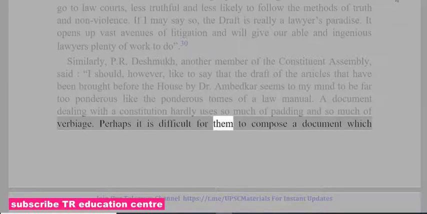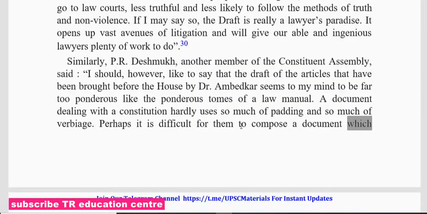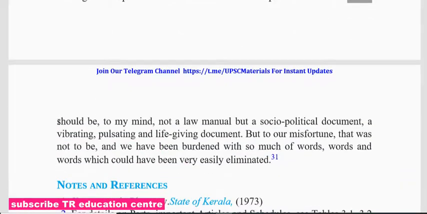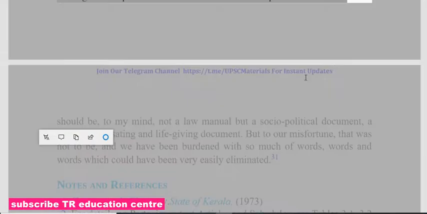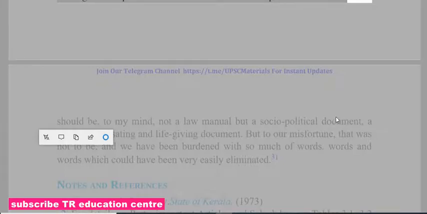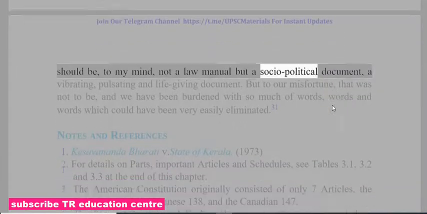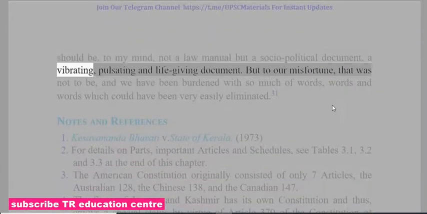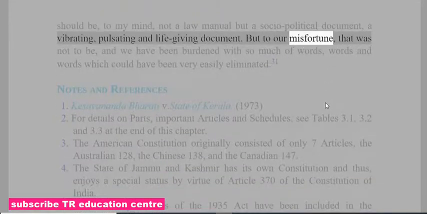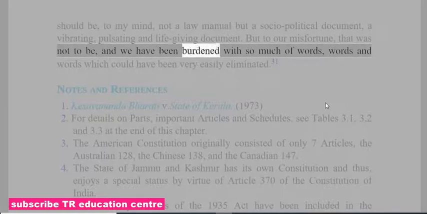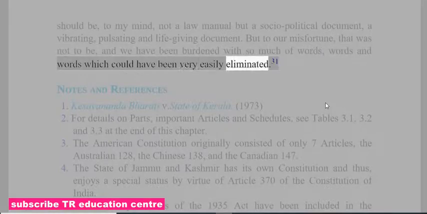Perhaps it is difficult for them to compose a document which should be, to my mind, not a law manual but a socio-political document, a vibrating, pulsating and life-giving document. But to our misfortune, that was not to be, and we have been burdened with so much of words which could have been very easily eliminated.